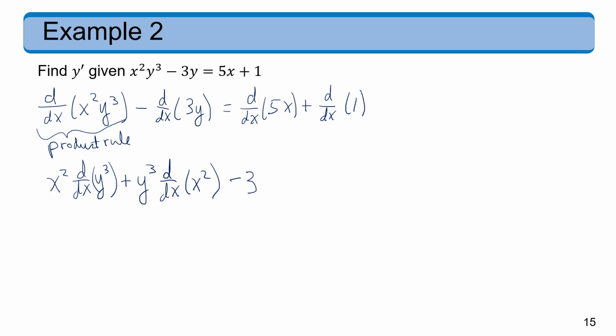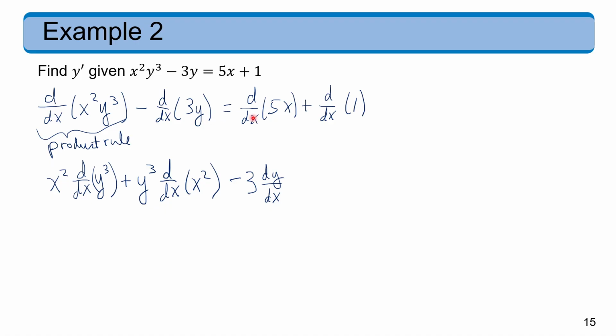And now you need the derivative of the inside part. With implicit differentiation, the inside part is always y as a function of x. So that derivative is always dy dx, unless you're using different variable names. But it's never anything more complicated than d of your dependent variable over d of your independent variable. Okay, so that finishes this term.